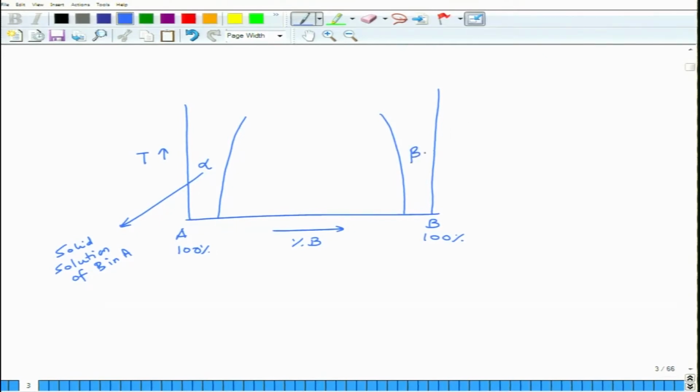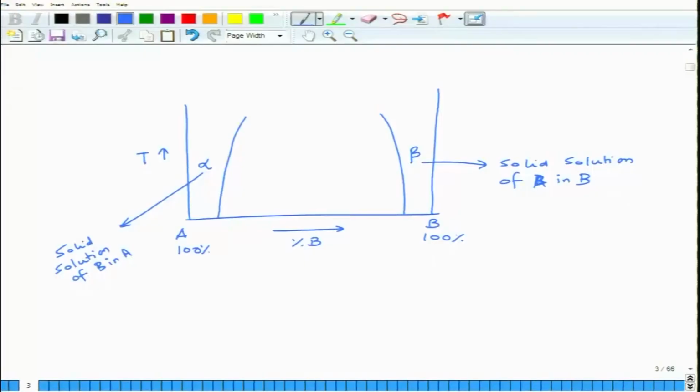Basically it is A with some of the A atoms replaced by B. This is the beta phase, which is a solid solution of A in B. Essentially it is nearly B with some atoms replaced by A, and this is a substitutional solid solution, a disordered substitutional solid solution.